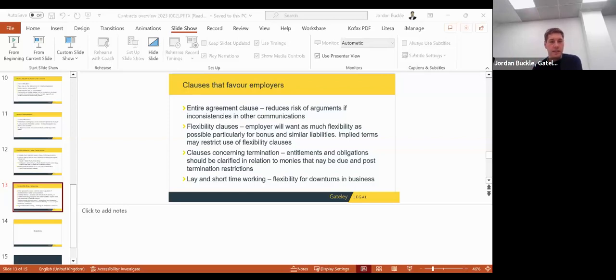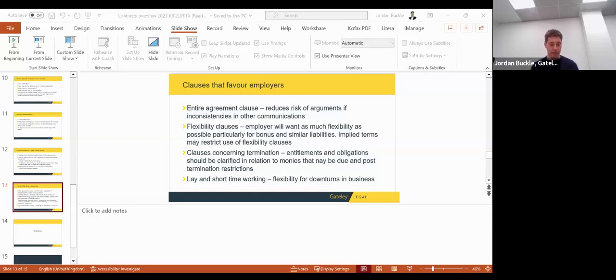And similarly, the entire agreement clause will often say this document supersedes and extinguishes any previous agreement and shall take precedence in the case of any argument. So one to factor in, but of course the point with implied terms is if any of the implied parts apply, then the entire agreement clause isn't perfect.